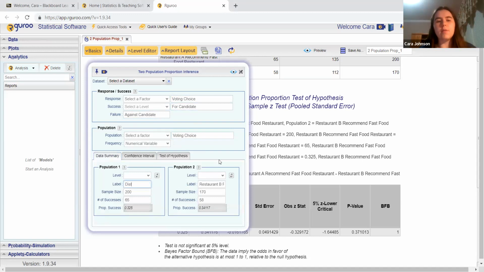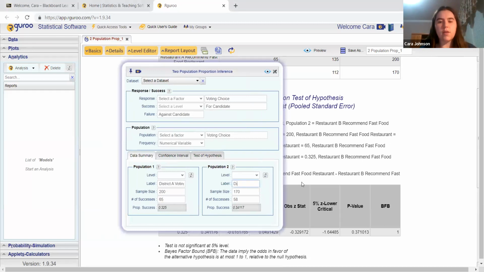So this is going to be District A voting choice, and then the other one is District B voting choice. And then in District A, we heard that 230 people from District A were selected, 145 of them want to vote for him. So 230 and 145. And then for B, it is 230 and 100.